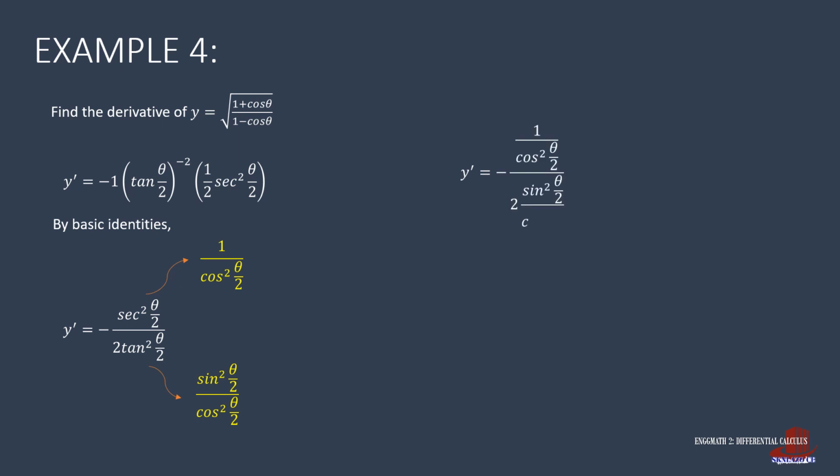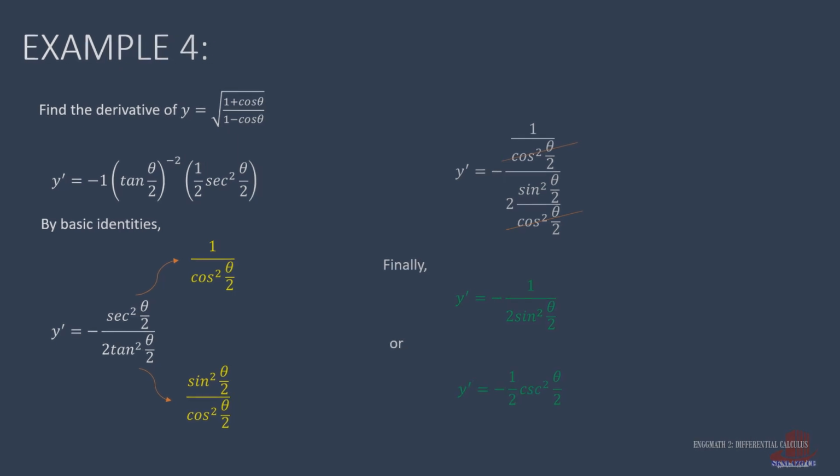Plug these identities in the original y prime equation and cancel out similar denominators to have y prime as negative 1 all over 2 sine squared theta all over 2. To take the denominator out, we can write y prime as negative half of cosecant squared of theta all over 2.